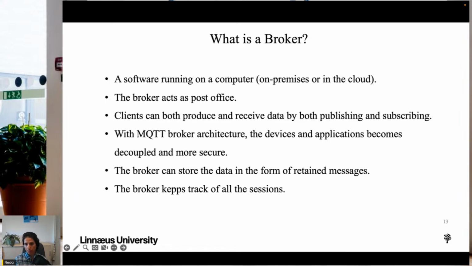By using retained messages, a subscriber can receive the most recent data published to a topic, even if the publisher is currently offline. This can be useful for applications where it is important to always have access to the latest data, such as real-time monitoring applications.